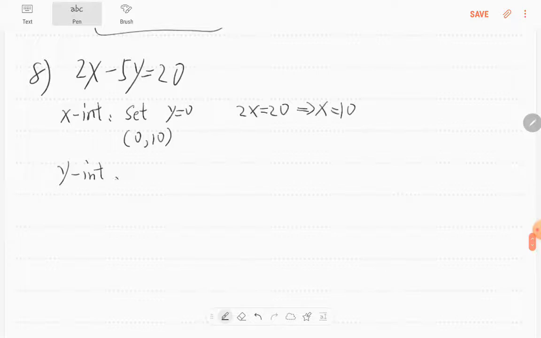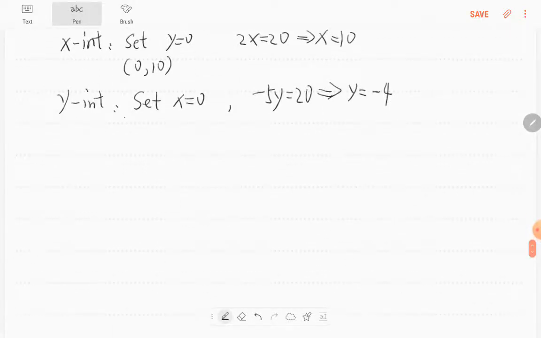For the y-intercept, we set x equals 0, right? The y-intercept is on the y-axis, so x is 0. So negative 5y equals 20. So y equals negative 4. So here should be the point 10, 0, and here is 0, negative 4.